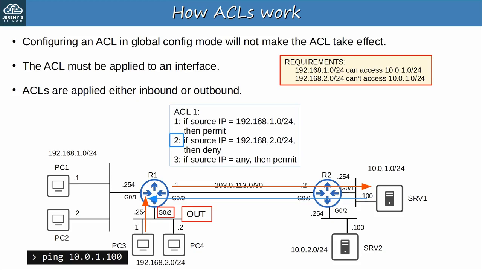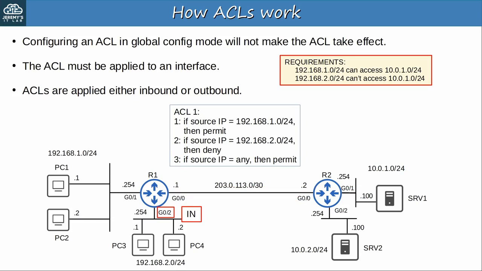The source is not in that subnet. So, R1 reaches the last entry, which says permit all other traffic. So it forwards the reply to PC3. PC3 was able to access server 1, even though hosts in 192.168.2.0/24 shouldn't be able to. Clearly, we didn't apply this ACL correctly.